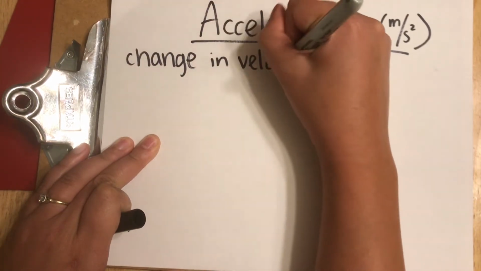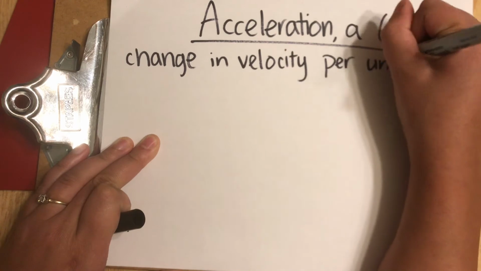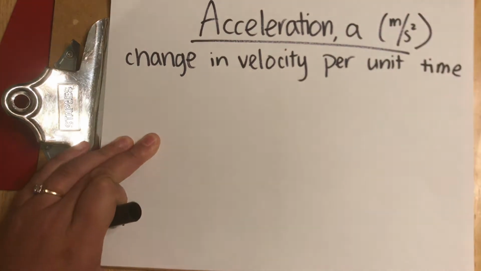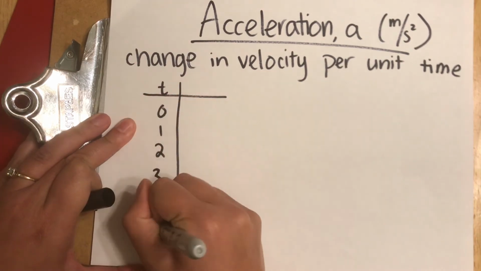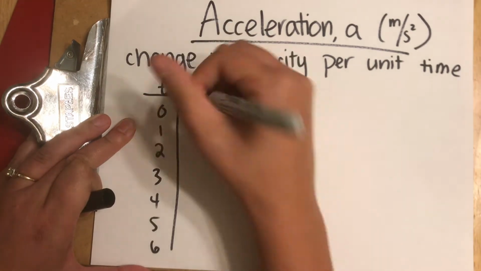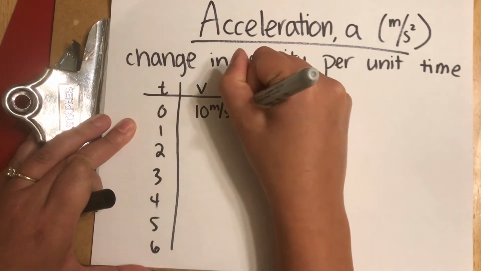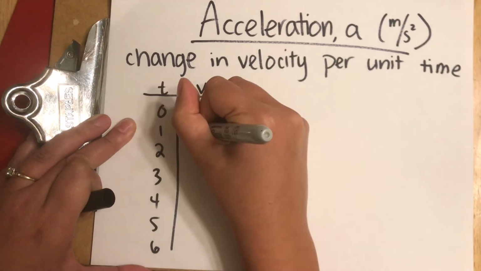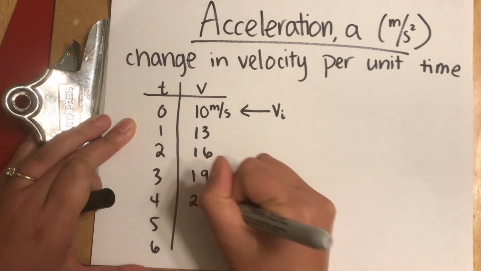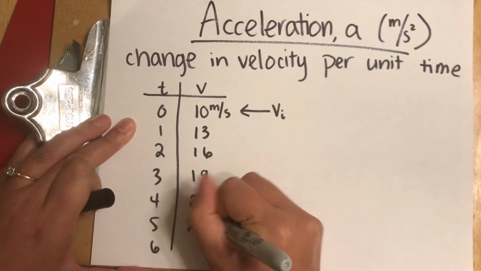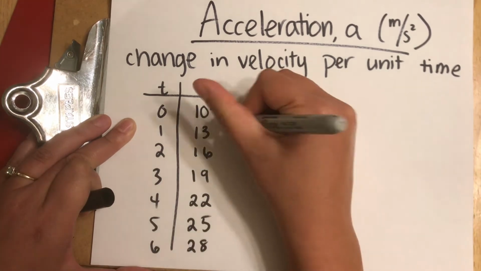So, acceleration, that's the change in velocity per unit time. And that means if I knew an initial velocity of a situation, like let's say I know the initial velocity is 10, right? And I know the acceleration is 3 meters per second squared, that means every subsequent second would be 3 meters per second faster than the one before it.